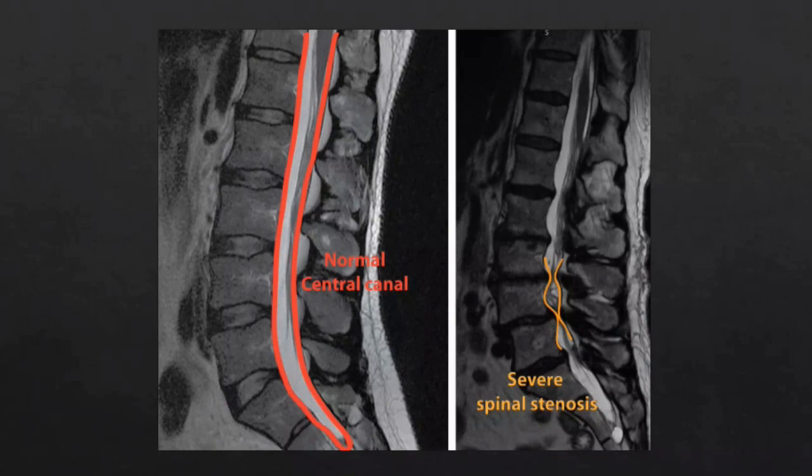And this might occur when they walk a mile, or it might occur when they walk even distances as short as the length of a hallway, 100 feet. And they sit down and the symptoms usually resolve within a few minutes, and they get up and they walk again. They do find that if they bend forward just a little bit, they might reduce some of the symptoms that they're experiencing in the legs.